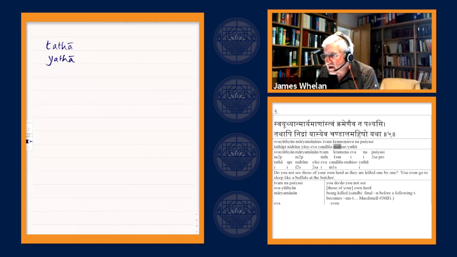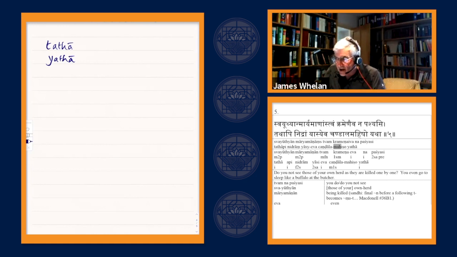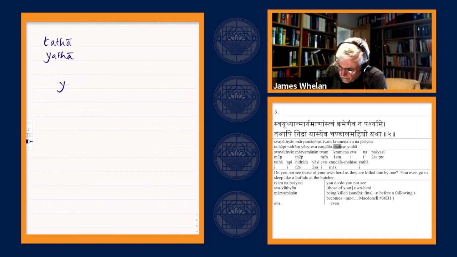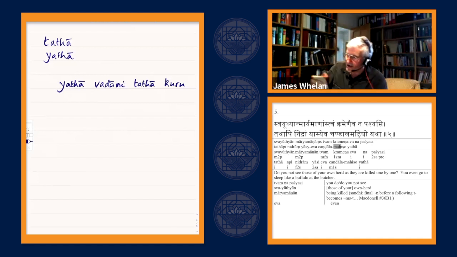In English, we'd say, do as I say. In Sanskrit, we would say, as I say, thus do. Yata vadami, as I say, tata kuru, thus do. Yata vadami, tata kuru, as I say, thus do.